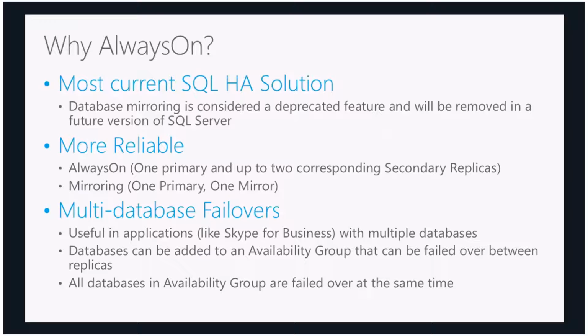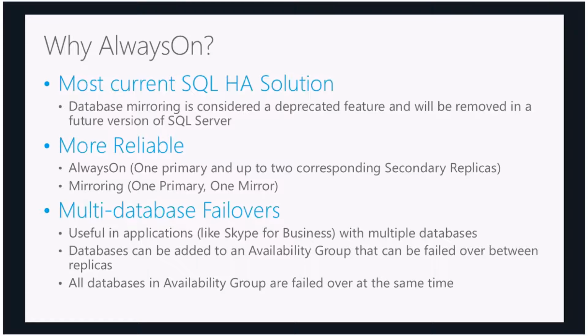You can also do what we call multi-database failovers. So with Skype for Business, you have multiple databases that are typically set up, and they kind of run in conjunction. They run together. And so when you fail over a Skype for Business infrastructure or SQL instances using mirroring, you have to fail those databases over individually.